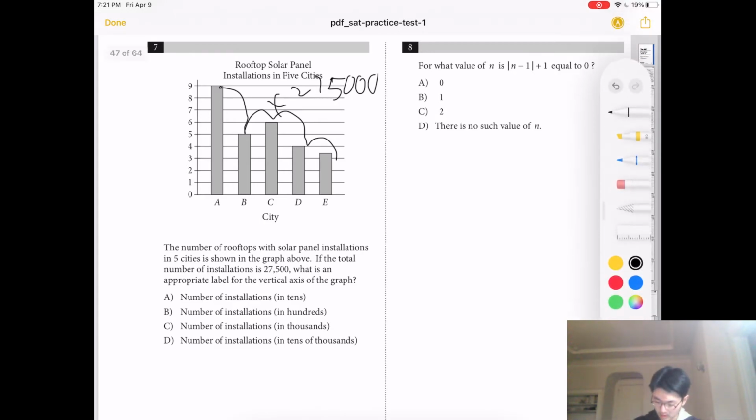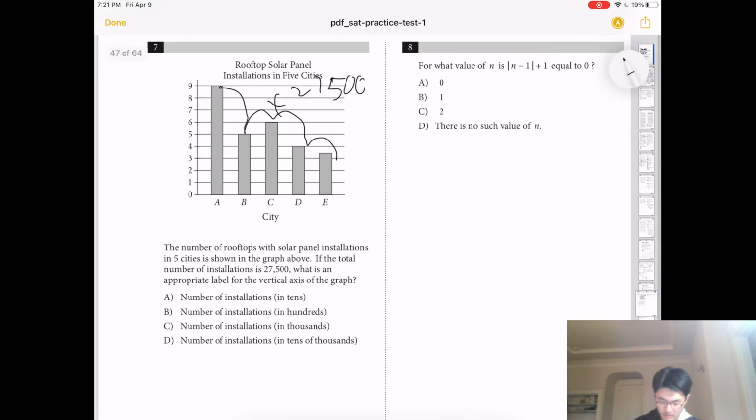Oh boy. So we know it's not gonna be tens because even if it's like 90, it's not gonna go up to 27,500. It's not gonna be hundreds. I'm gonna say it's thousands. It's not gonna be 10,000 because then this guy would be 90,000. That's too much. That's why the answer is C.